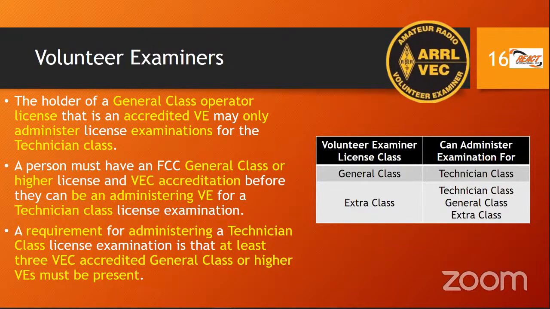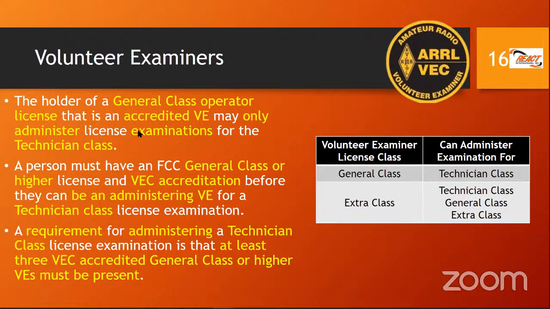But we also need to know that depending on your class of license, if you're a general class, you can only examine for the technician class. If you're an extra class, you can examine for all of the levels. You can examine technician, general, and extra class. So the extra class has the greatest level of flexibility.